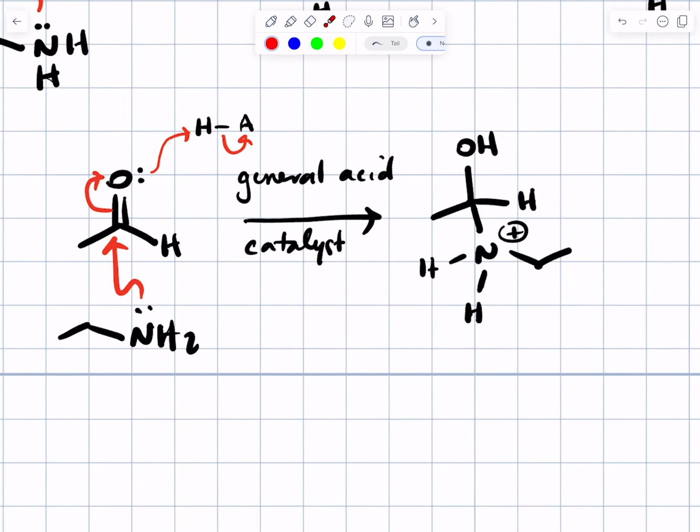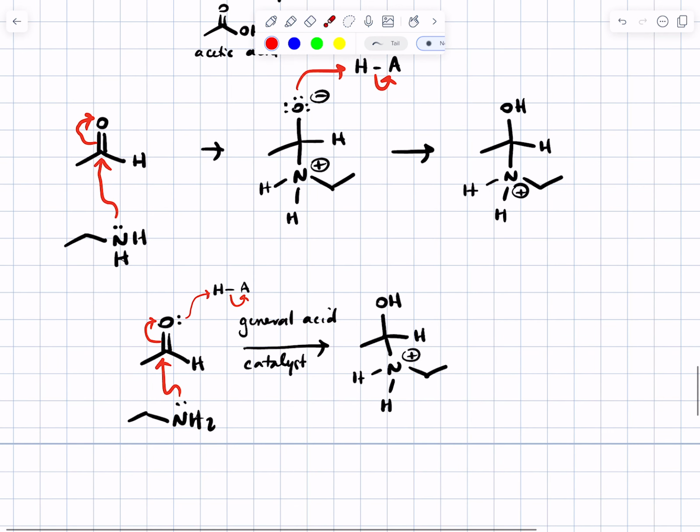If you want to understand how enzymes work, you need to understand why it might be bad for a neutral nitrogen to create a negatively charged oxygen. That should make you a little bit uncomfortable. And then realize that if you had something present that could prevent that negatively charged oxygen from forming by adding a proton to it, either before or during, that might make the reaction faster.